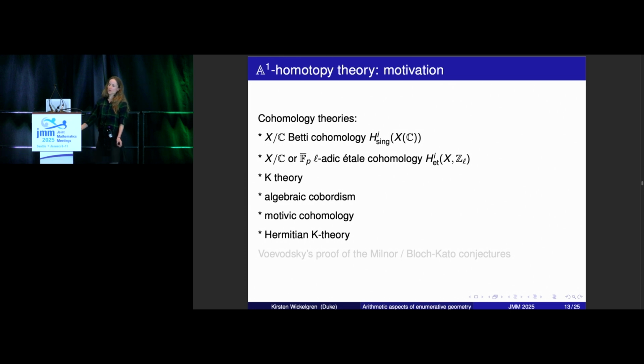And in fact, the stable A1 homotopy category is precisely where any theory that's A1 invariant and has Mayer-Vietoris for Nisnevich covers, and has P1 being invertible, that's where these all live. And then anything you prove in A1 homotopy theory about that immediately applies to all of those cohomology theories.